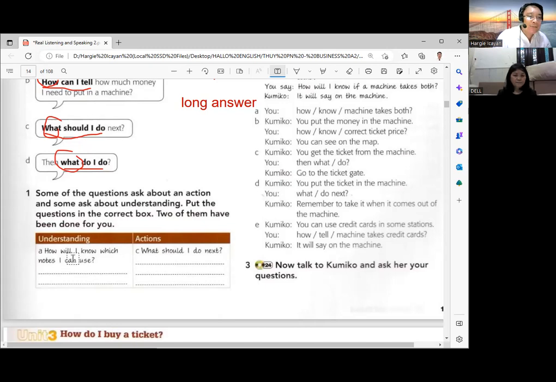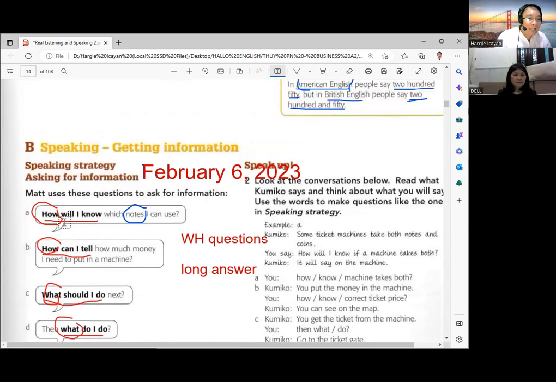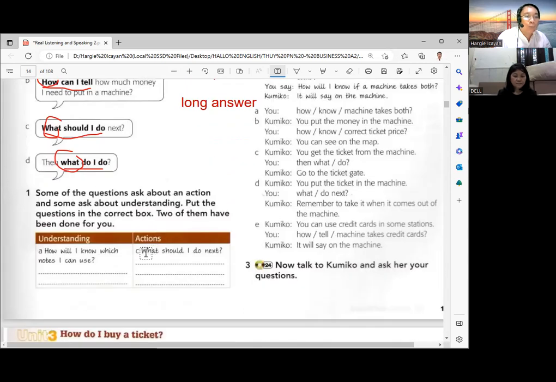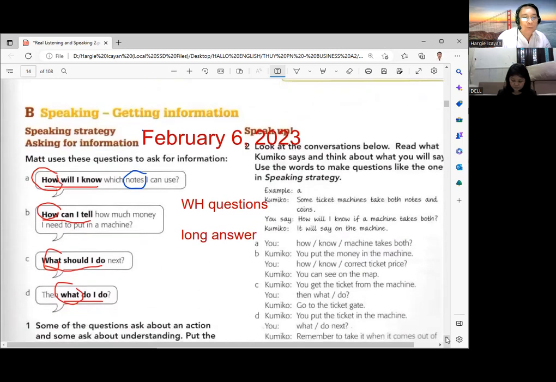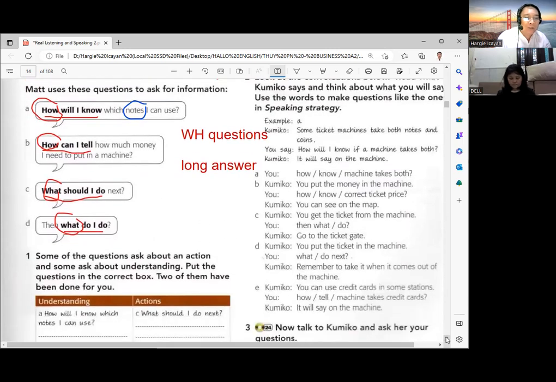Now, aside from this one, how will I know which notes, which other of the expressions in here, what do you think would be the other question that needs an understanding? Okay, so what do you think? It's letter B. Yes.